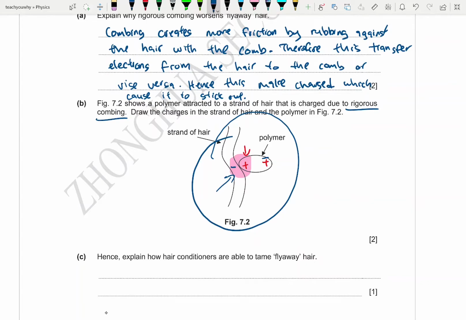I repeat, if you take the hair and the polymer as one unit, two come together to become one, they form a neutral charge. There is no charge, and if there is no charge, your hair will not fly out because of static.